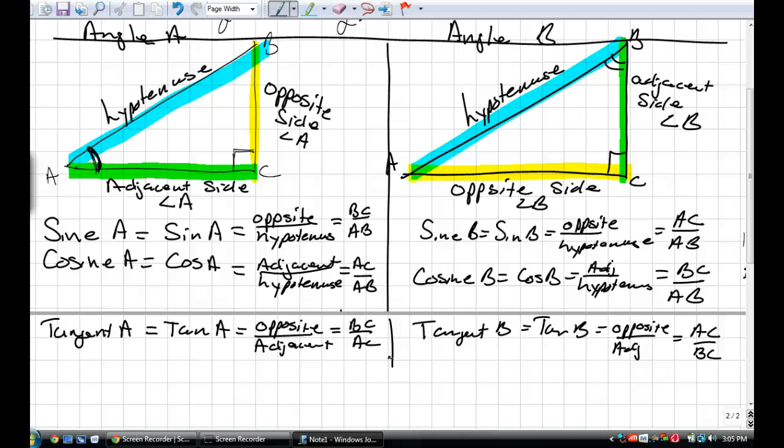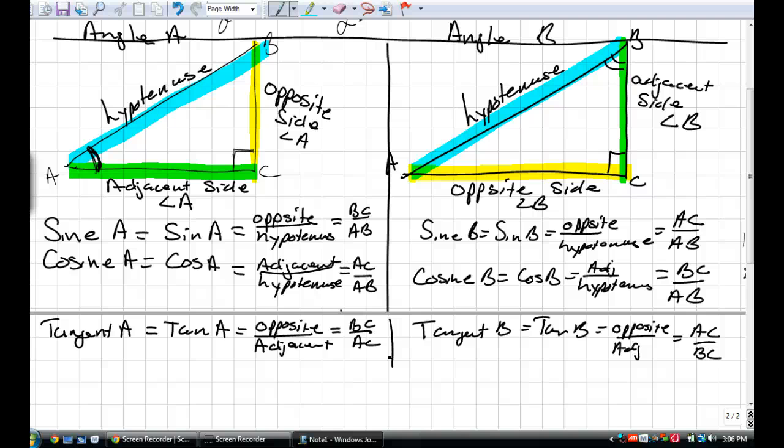And the cosine of A, which is AC over AB, equals the sine of B, which is AC over AB. And how are the tangents related? Notice that the ratios of the tangents are reciprocals of each other. So the sine and the cosine of the two angles are related, and the tangents of the two angles are related.